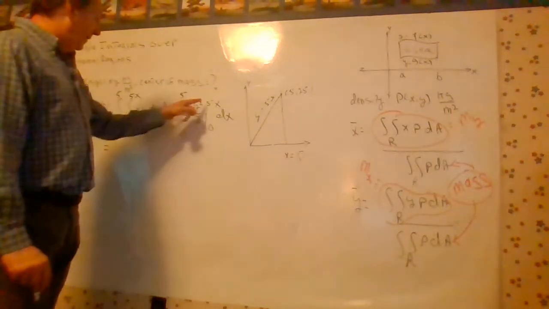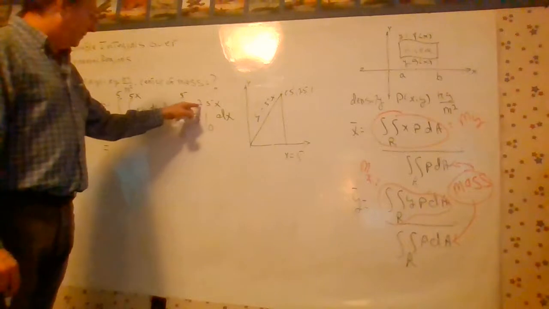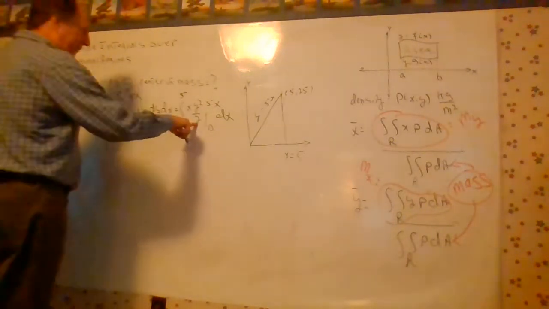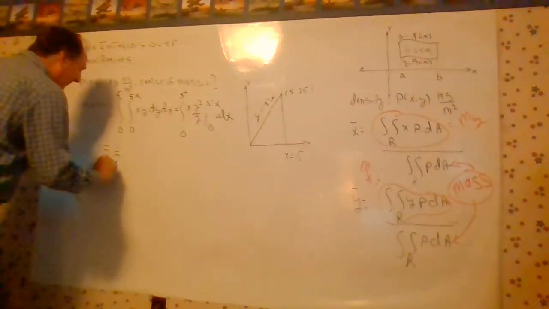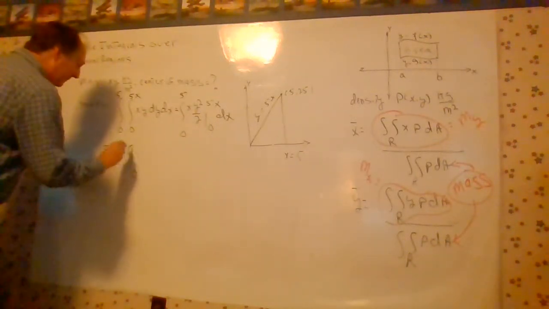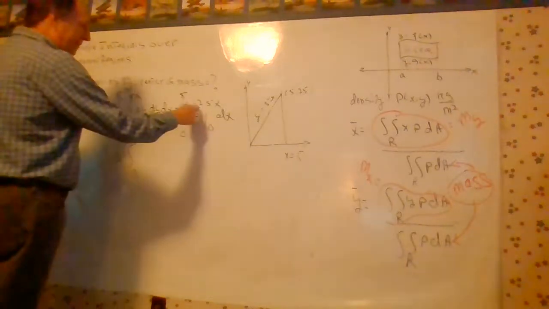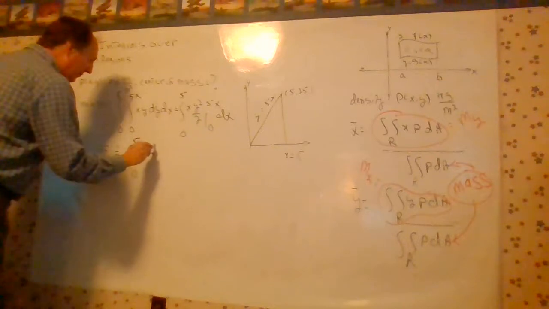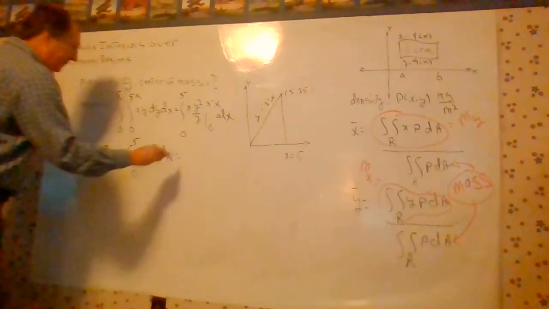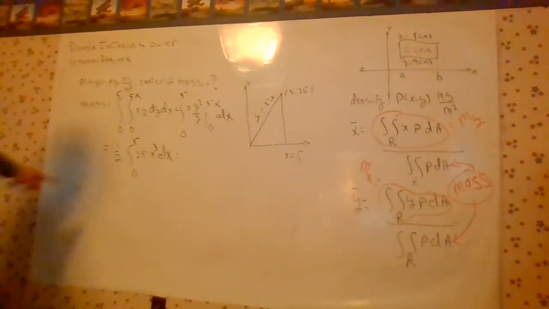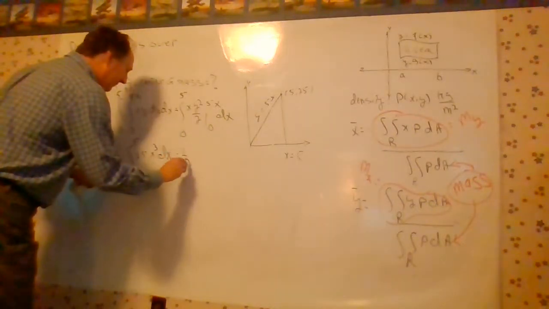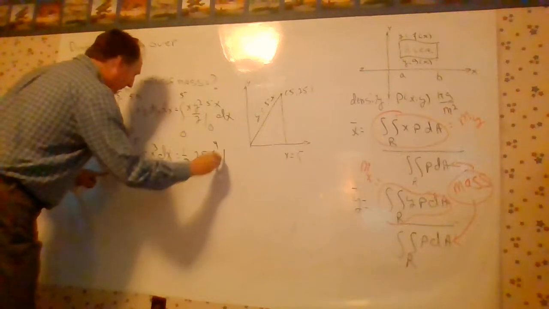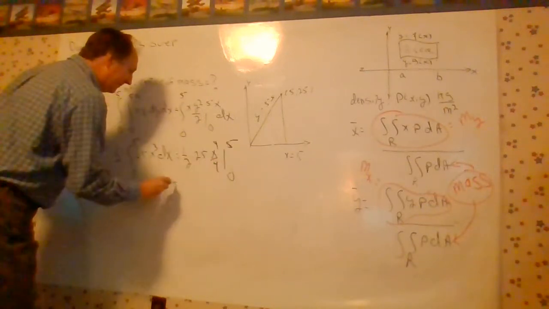And now we have to plug 5x in and 0. Plugging 5x in gives you 25x squared. So this half, you can bring the half out front if you don't like dealing with the fractions. And then 25x squared times x, 25x cubed dx. And then we get 1/2 times 25x to the 4th over 4 from 0 to 5.